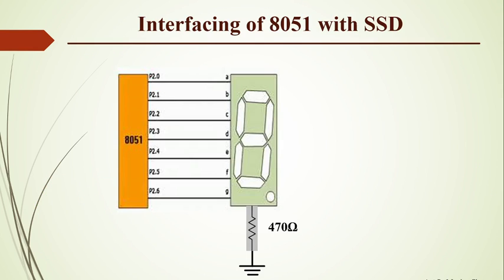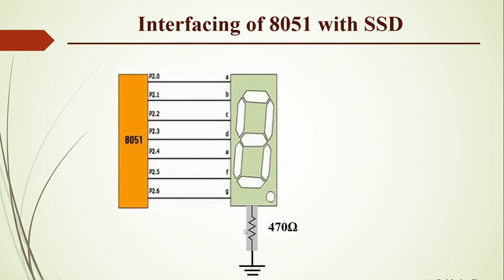So this is the diagram that is used to interface the 8051 with SSD. Here port 0 is used, and it is connected to the inputs A to G of this 7 segment display. This 7 segment display is of a common cathode type.